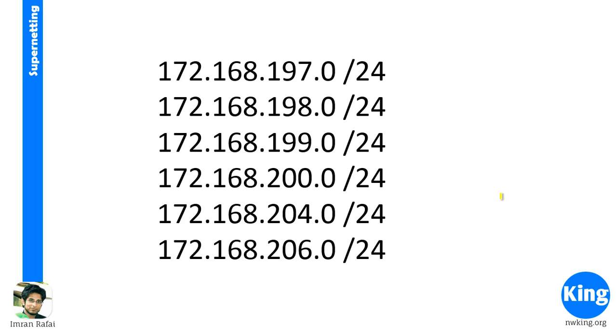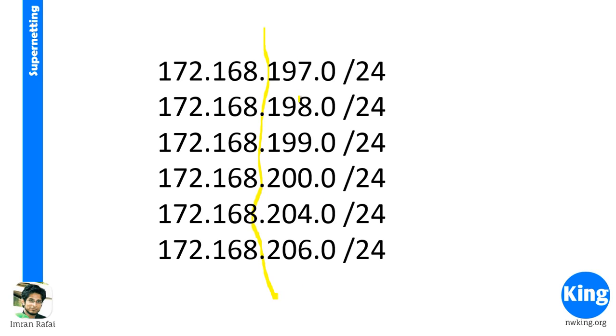Right, let's say there were 6 networks like this: 172.168.192.0, 198.0, 199.0, 200.0, 204.0, 206.0/24, all of them. How do we summarize these 6 network addresses into one? Firstly, we need to check where this changes. So the first 2 octets don't change at all, so we are not bothered about it.